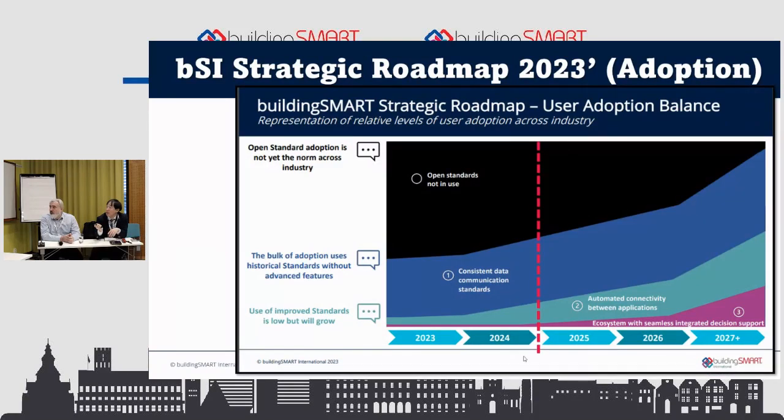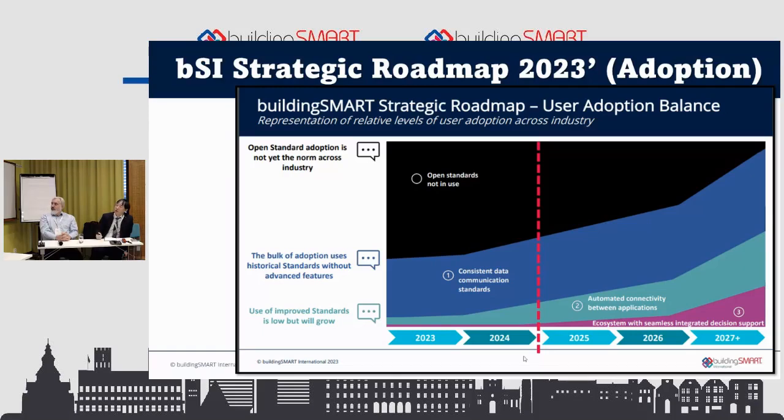And this third one is what the adoption rate will be. Also from the strategic roadmap. And then from 2025, this angle is getting high, steep, I guess. And then the first one is consistent data communication.